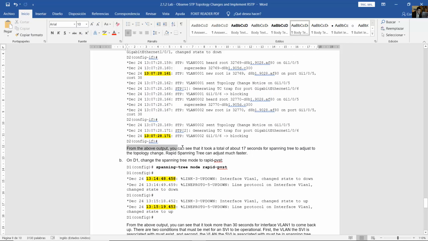From the above output, you can see that it took a total of about 17 seconds for spanning tree to adjust to the topology change. Rapid spanning tree can adjust much faster.